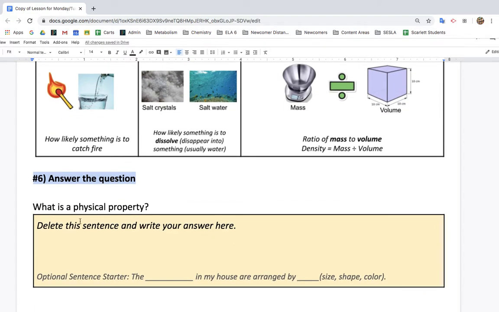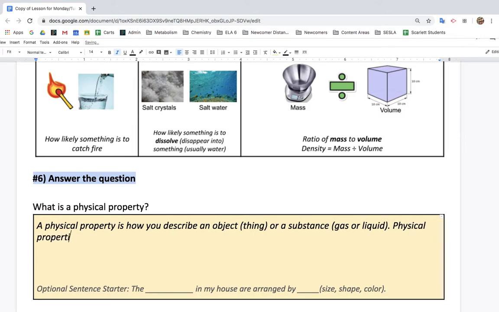What is a physical property? Well, we just learned a physical property is how you describe an object. Remember that an object is a thing or a substance like a gas or liquid.